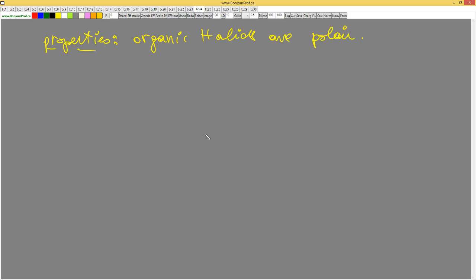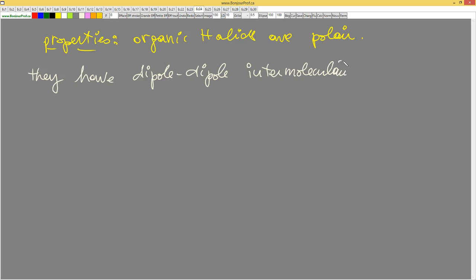So what does it mean? The intermolecular forces are dipole. They have dipole intermolecular forces.